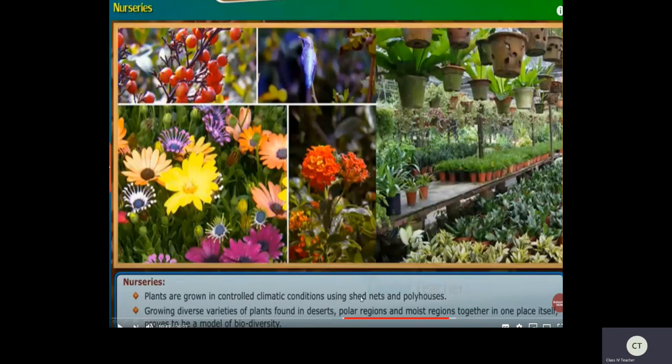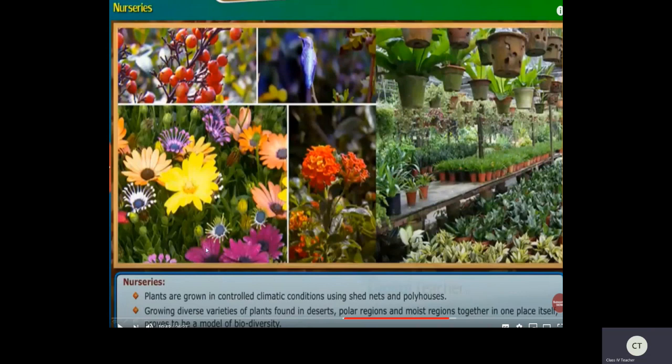Some green color nets they will tie up. Controlled climatic conditions mean the conditions will be maintained in those sheds and poly houses, and they will grow a diverse variety of plants found in deserts, polar regions, and also some moist regions, all together in one place itself.